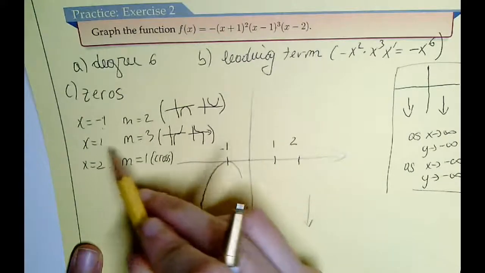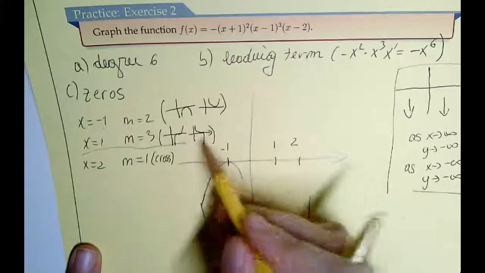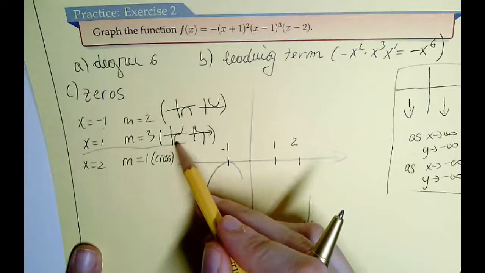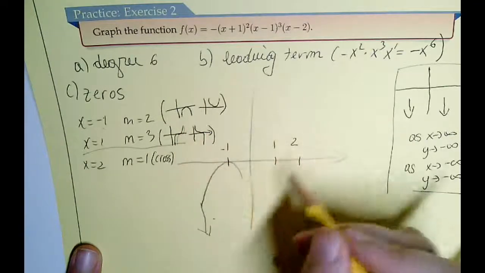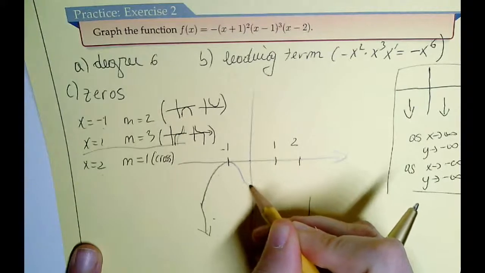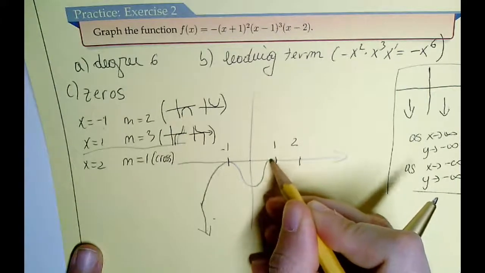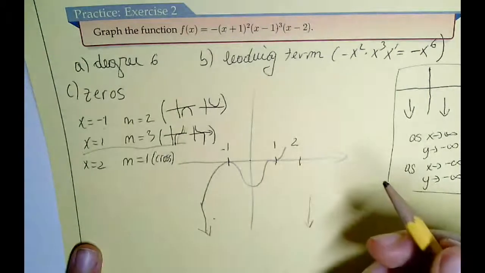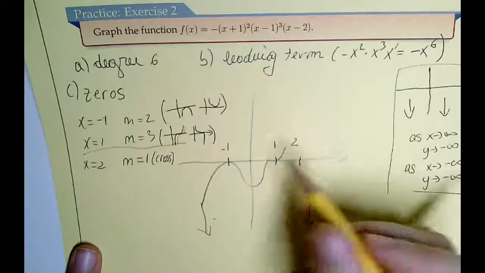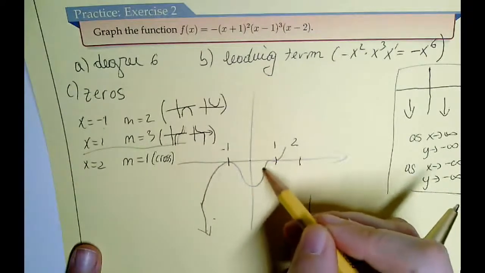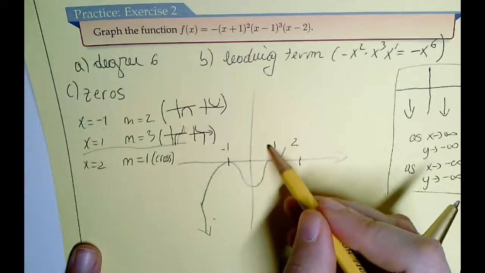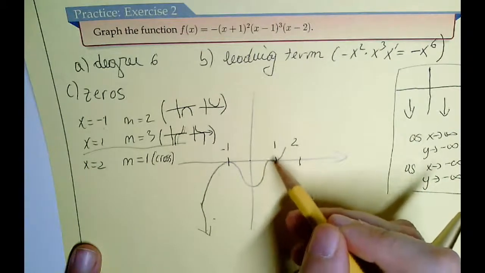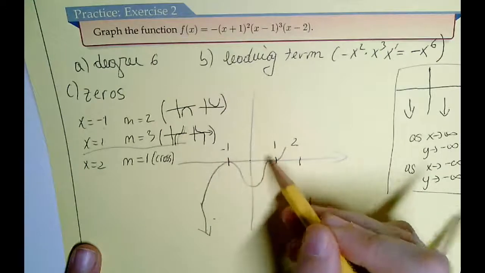At 1 the multiplicity is 3, so I have to do it like this, touch and cross. So basically I have to come, and at 1 I have to touch and cross. So that was my only choice, because I can't go up here and then touch and cross, because I'll have to cross before 1. But there's no 0 between -1 and 1.